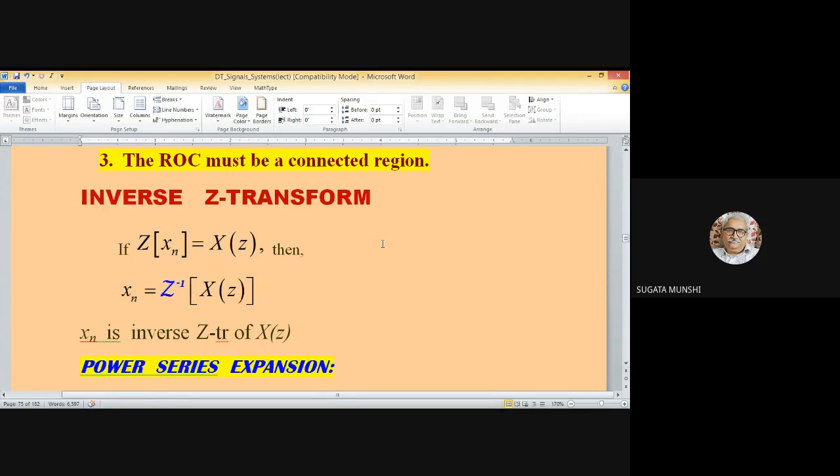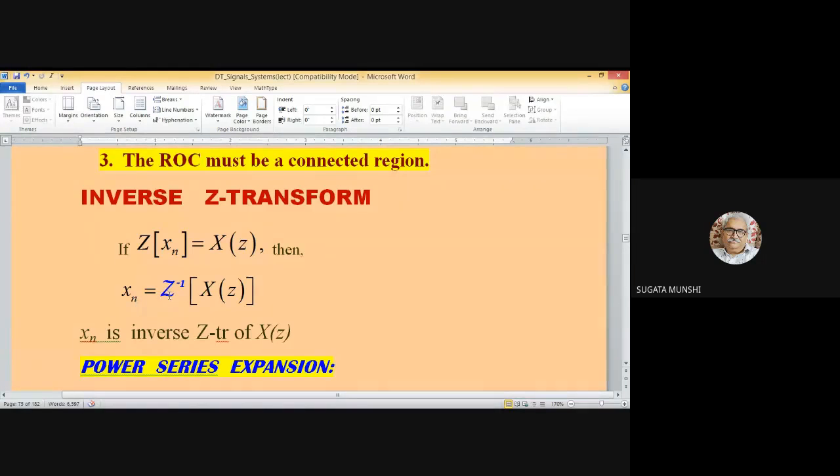So you are intending to find out the sample values. There are two possibilities. One possibility is that you can obtain, as inverse Z transform, the values of x[n] for different values of n. That is one possibility.